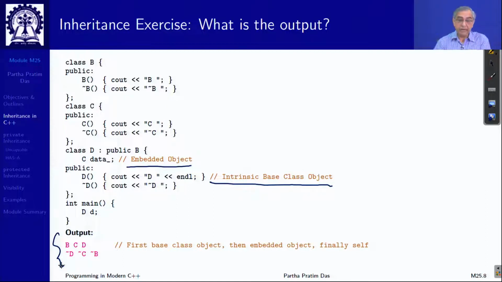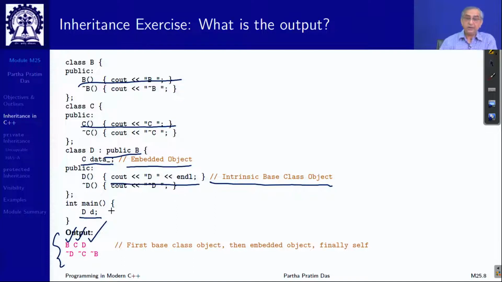Obviously, if I run this, I will get this, because for creating a D object, you have to first create a B object. So, this is what happens first, the base part of it. Then it creates the embedded object, which is the C class constructor, and finally completes itself, which is the D class constructor. This is how the constructors are called and the objects are created, and in reverse order they are destructed.